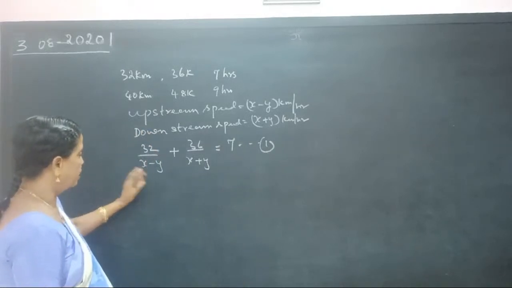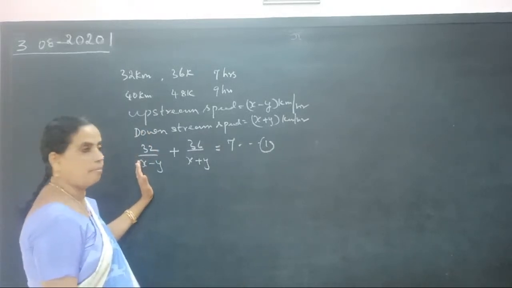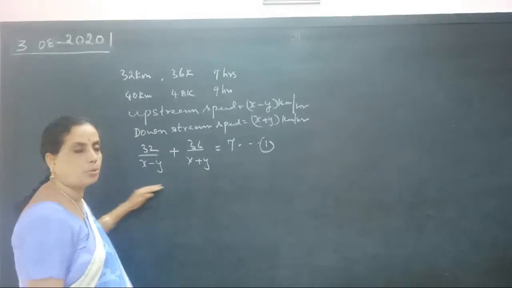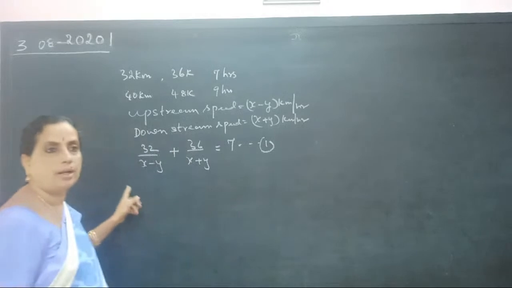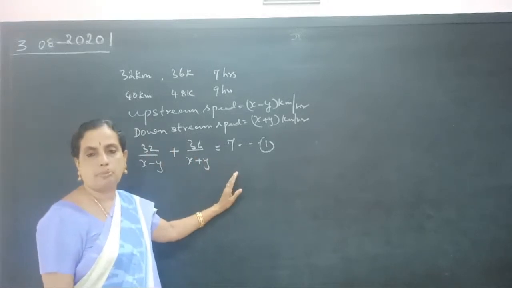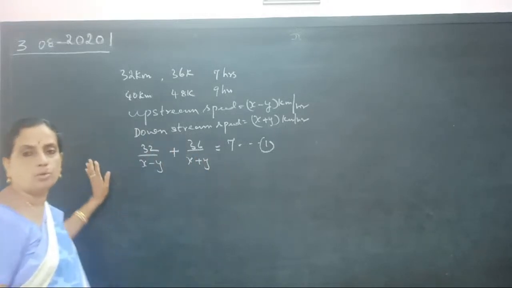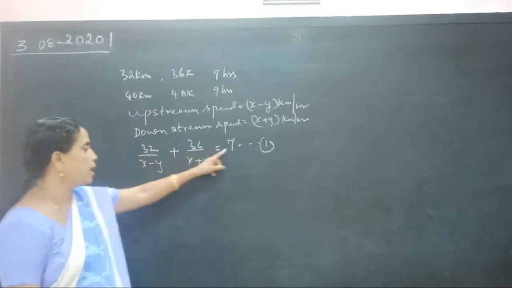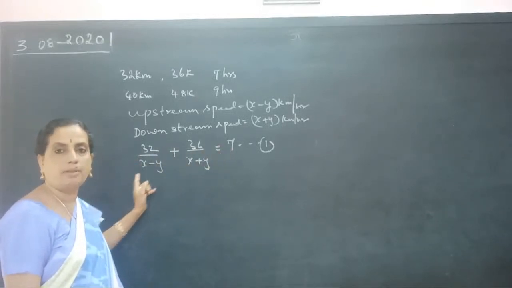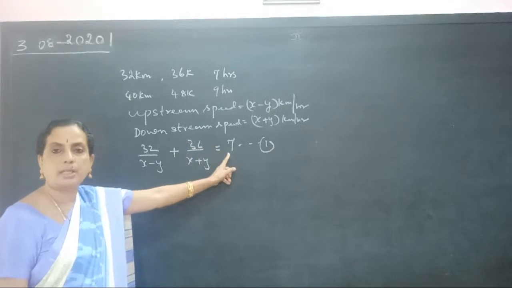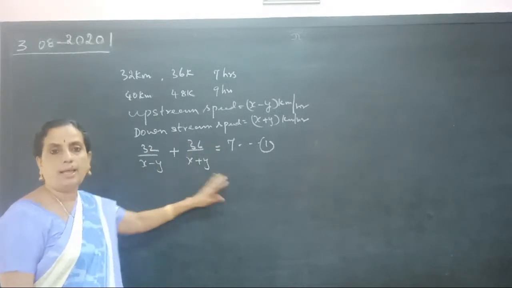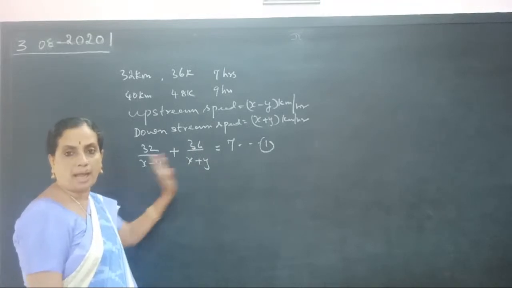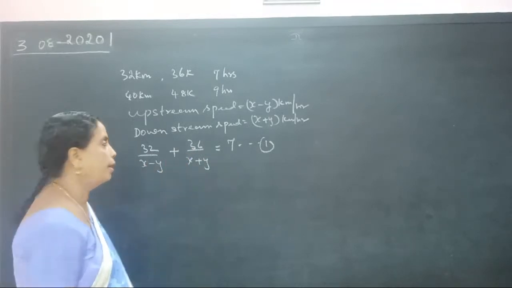Distance by speed is time; upstream time and downstream time together is 7 hours. So you have to think about what the RHS is expressible as, and the LHS should also be in the same form. If it is time, this should be in time. If it is a product of distance and speed, it should be a product of distance and speed. Like that you have to manage the LHS and RHS.